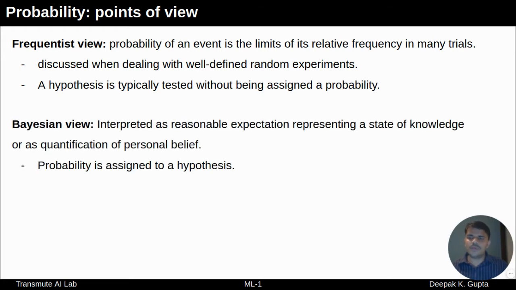The other way of looking at probability is the Bayesian view. In the Bayesian view, it is interpreted as reasonable expectation representing a state of knowledge or as quantification of personal belief. So in the Bayesian perspective, it's more about an opinion.